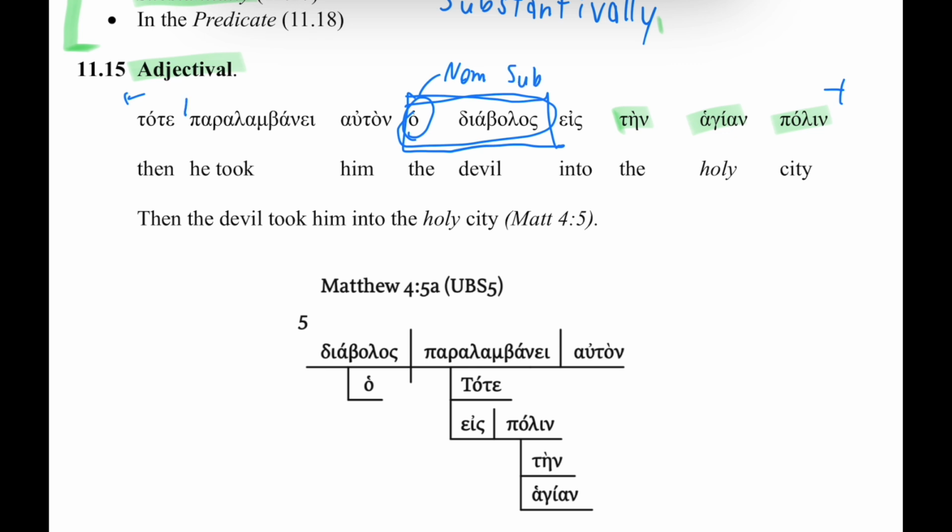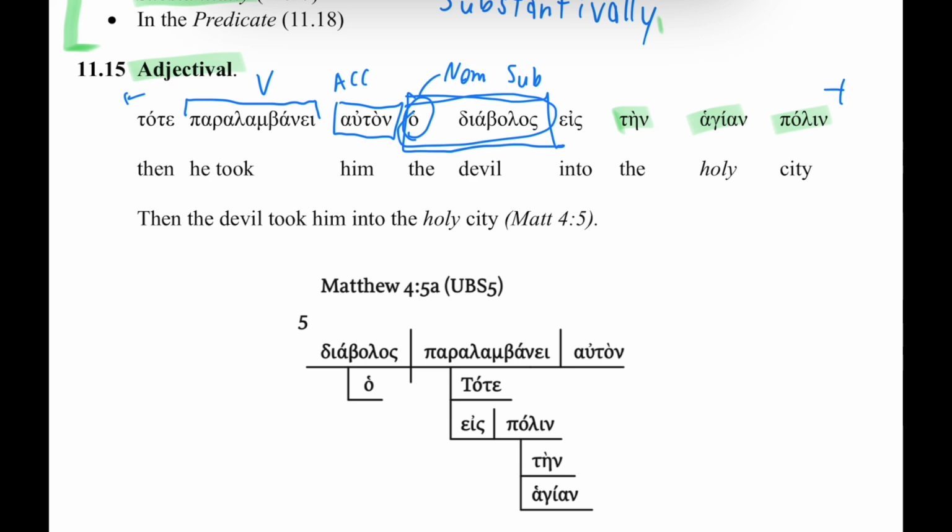And then we have over here a verb, paralambane. This is the verb. And then we have here auton, which is in the accusative case. And you would be able to notice that from either mousing over it in your interlinear, your Logos, whatever you're using.